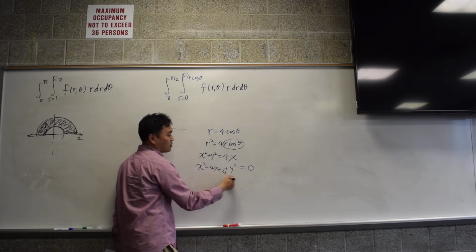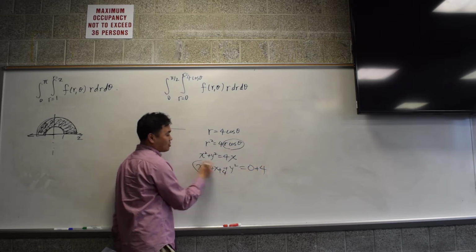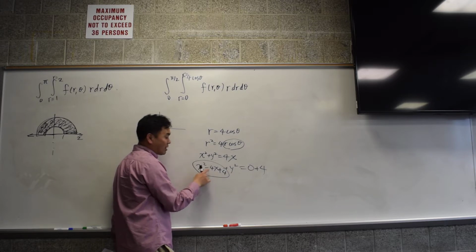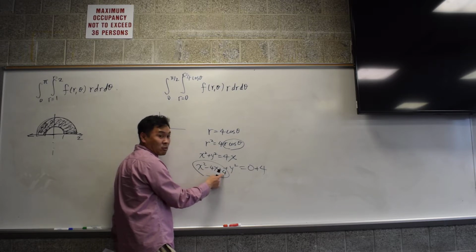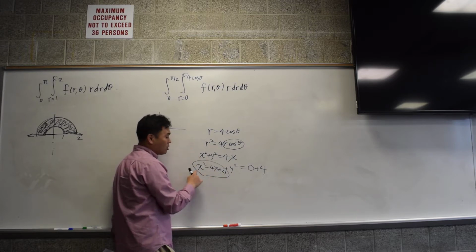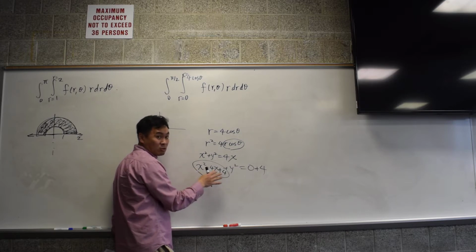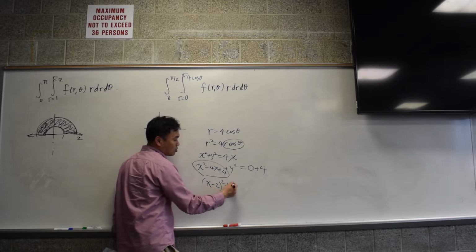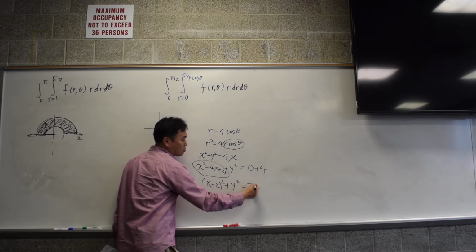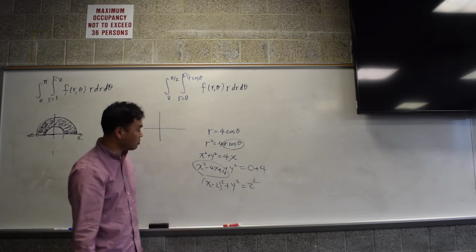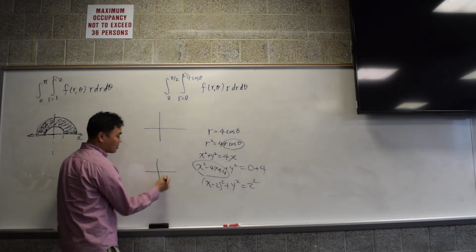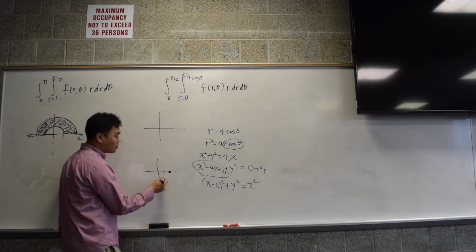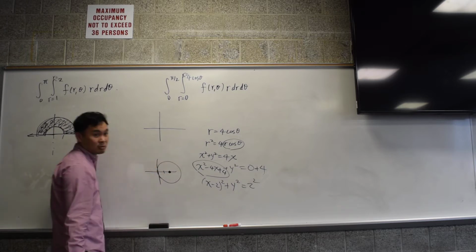You add 4 here, you add 4 there, because this becomes x minus 2 times x minus 2. If you pick two numbers that add to negative 4 and multiply to 4, those are negative 2 and negative 2. So this is x minus 2 squared. So you get x minus 2 squared plus y squared equal to 2 squared. Perfect. That's a circle with center at (2, 0) and radius 2. So it's this circle that we're talking about.